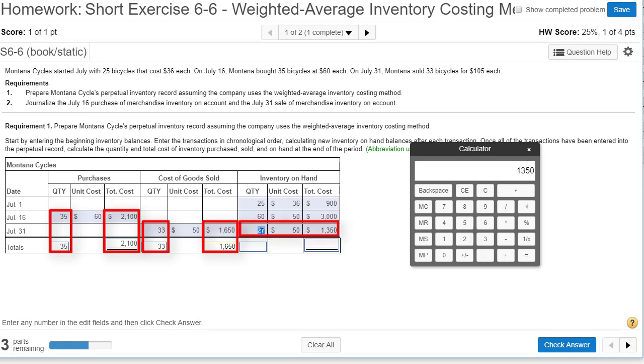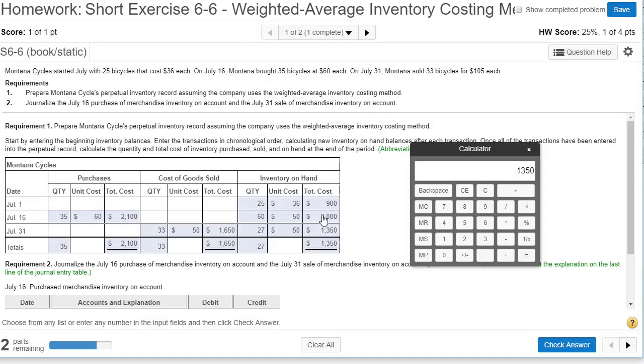So we ended with 27 bicycles. That cost us $1,350. So if your boss asked us what's our remaining inventory, the value is $1,350 and the quantity is 27. If your boss asked you how much we sold, 33 quantity-wise, and that cost us $1,650. How many did we purchase? 35 at a total of $2,100.